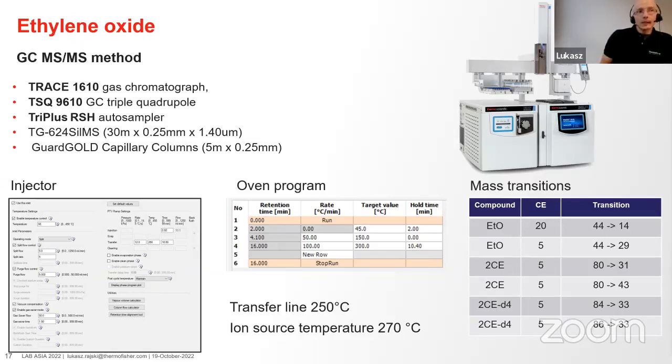The total runtime was 16 minutes, and on the right-hand side, we have a table with the transitions. And as I mentioned before, ethylene oxide is a very small molecule, and the transitions that we have are very non-selective. So you can see here that it was 44 to 14 and 44 to 29.